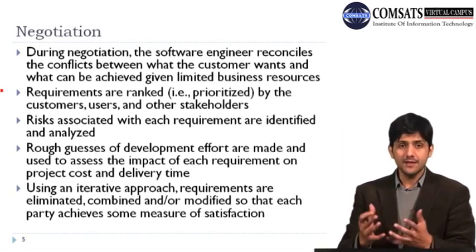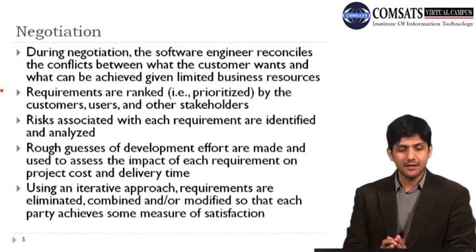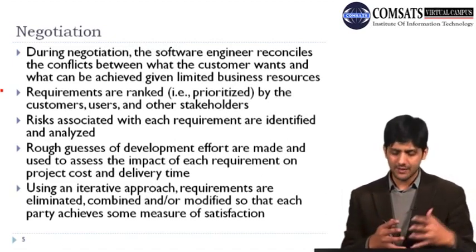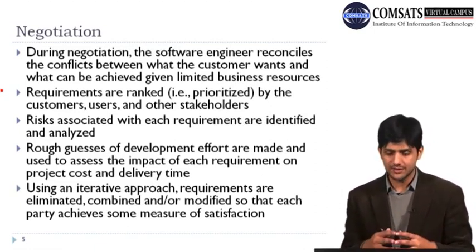Another activity that may exist during negotiation is that requirements are ranked by the customer, users, and other stakeholders. Now you can see why prioritization is a problem: there are lots of people involved. There is the customer, there are end users, and then there are all the stakeholders.